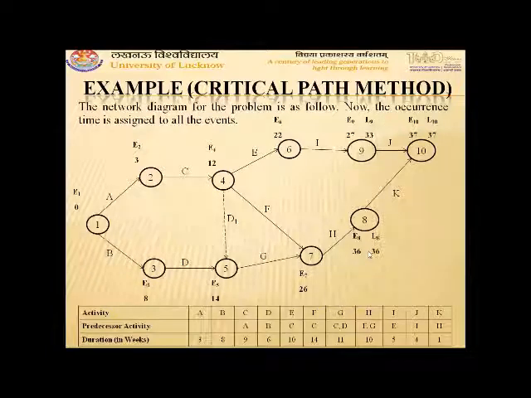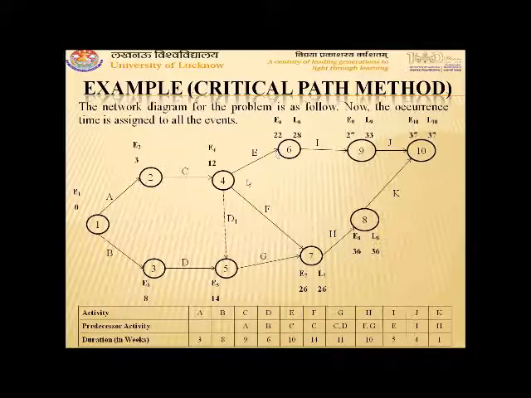Similarly, L8 comes out to be 36. Then move to H, which gives L7 as 26. Then in the backward direction from 9 to 6, it gives L6 equal to 28. Now we compute the latest start time of activities E and F. For activity F, there is 26 and its duration is 14, so it gives 12.